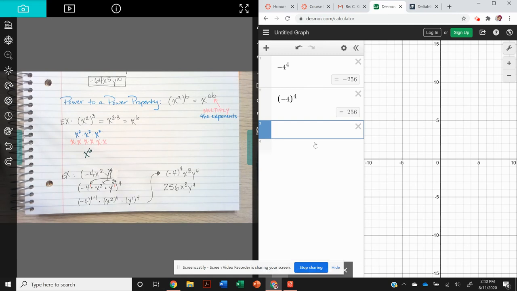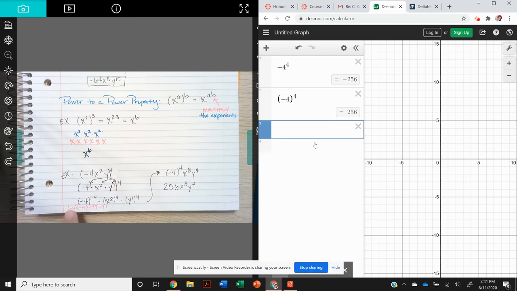This is why. If I look right here, I kept those parentheses because negative 4 started in parentheses. That tells me, and I'm going to write it down so you can see it, that I should write negative 4 four times. And look how I'm writing it. Negative 4, 4 times.